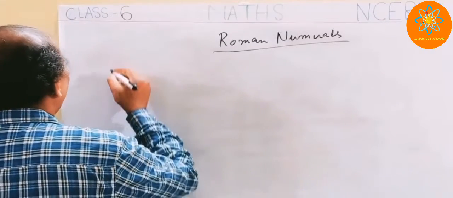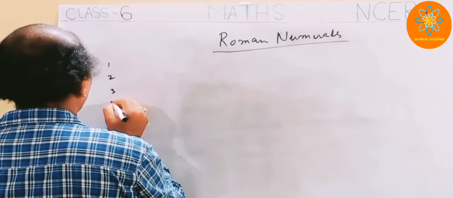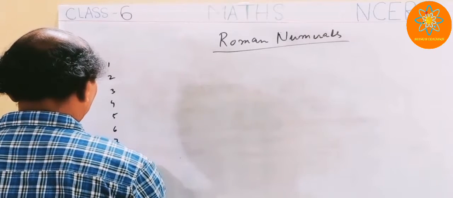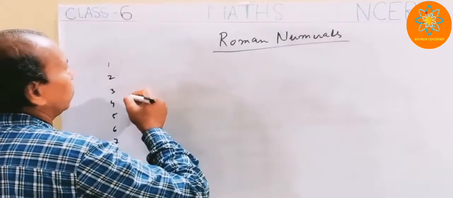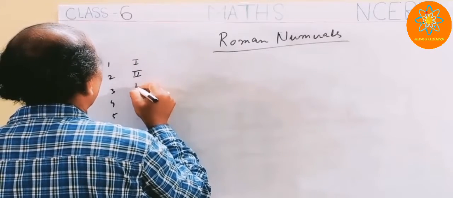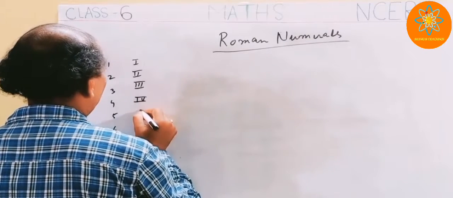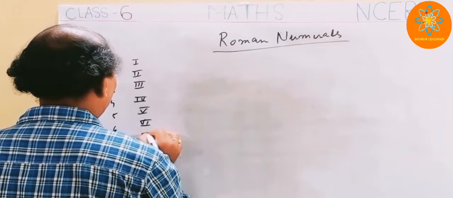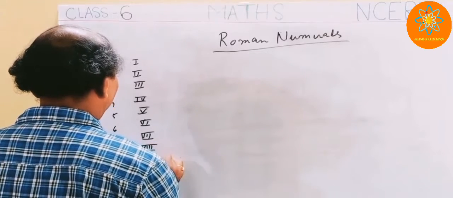Roman numerals. We have the numbers 1, 2, 3, 4, 5, 6, 7, 8, 9, up to 10. We can change these into Roman numerals like this is 1, this is 2, this is 3, this is 4, 5, 6, 7, 8, 9, and 10.